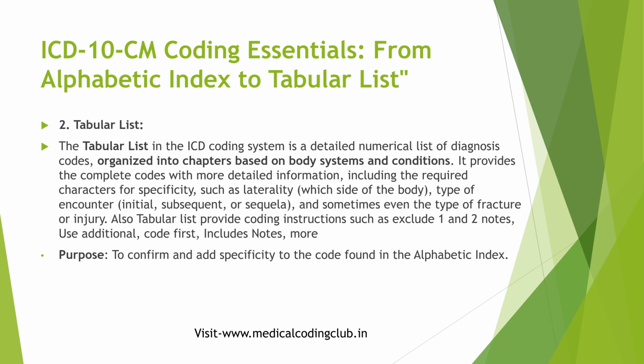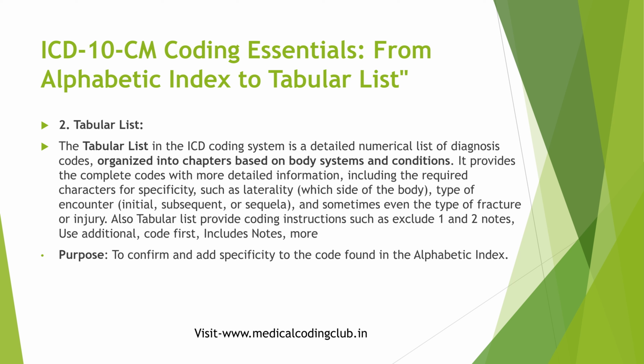One more important thing about the tabular list is that here you can get the complete code with more detailed information. It may require an additional character, like laterality, which side of the body, and what kind of fracture it is.